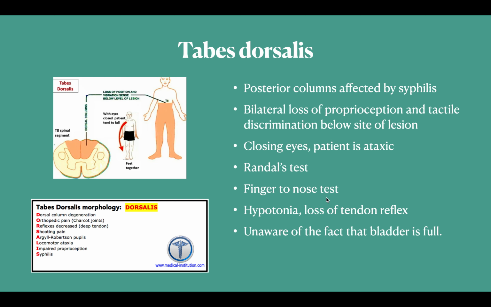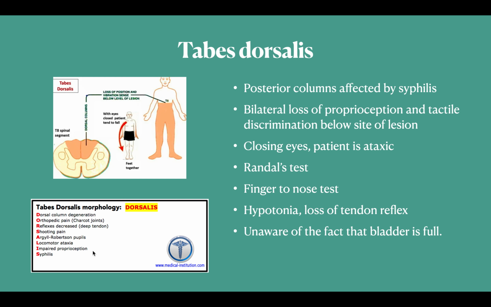Of course, there's going to be the finger to nose test, a test for proprioception, and the tendon reflexes are going to be lost. The patient is unaware that the bladder is full because they cannot feel that parasympathetic innervation anymore.